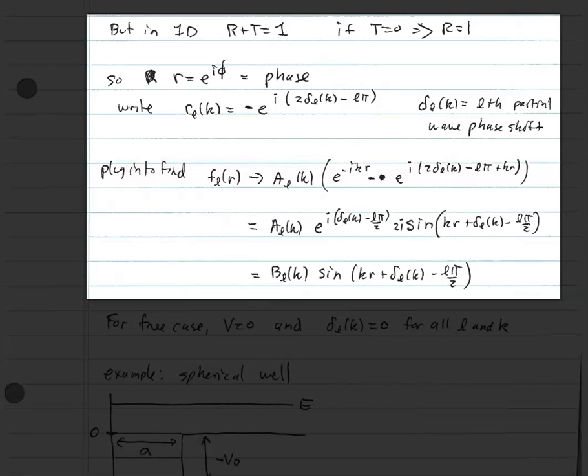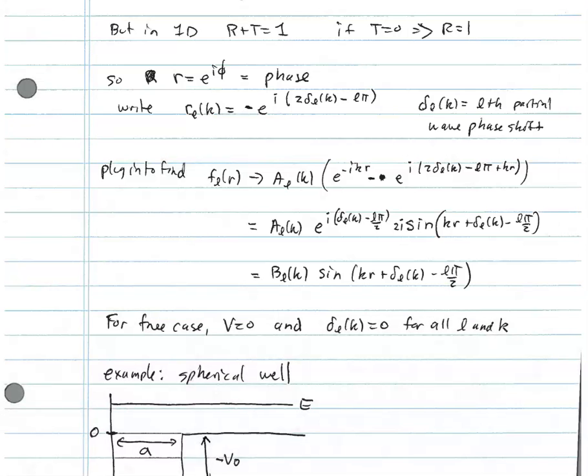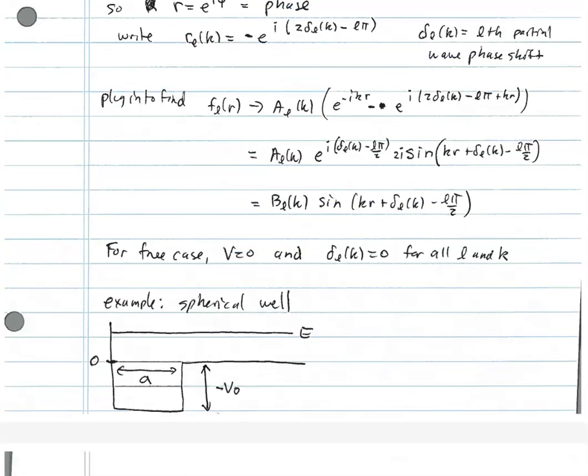And we typically write that then as B_L of k times the sine of kr plus delta_L of k minus L pi over 2. Okay, and one of the reasons why I really don't like scattering is we end up having to work with these long, complicated expressions that involve the partial wave phase shifts and these spherical Bessel functions or their asymptotic limits in terms of sines or cosines. Okay, so let's see how that works.